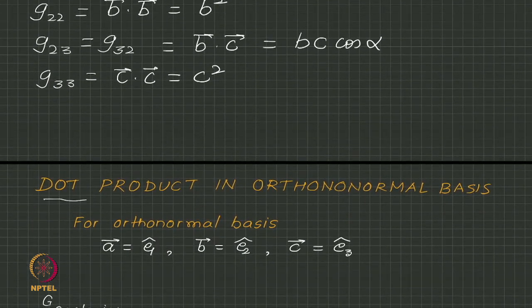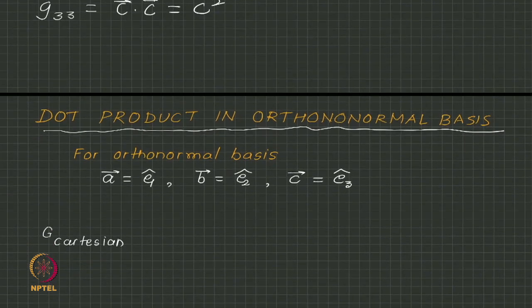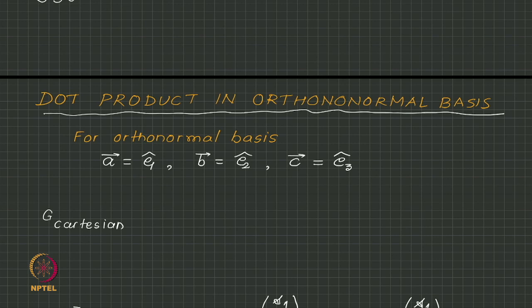Now, how does this reduce to the orthonormal basis? You can see that for orthonormal basis, A, B and C are the 3 unit vectors E1, E2 and E3, and they are orthogonal.